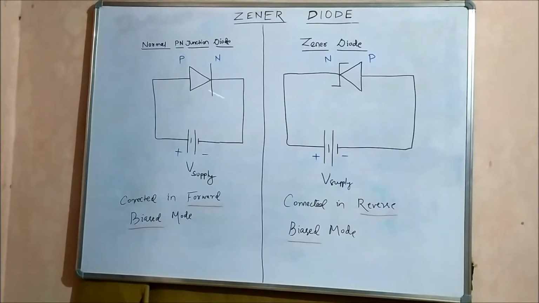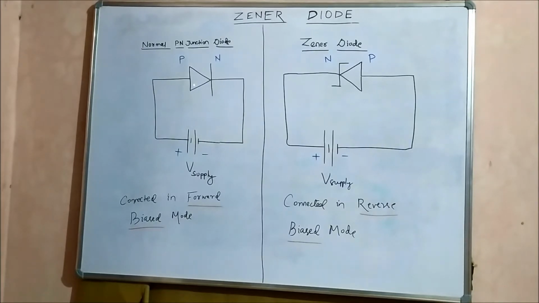You can see it is the symbol of a normal p-n junction diode, which is an arrowhead followed by a straight bar. Now, the critical difference between the p-n junction diode and the Zener diode. Now see the circuit connection. The p-type end is connected to the positive terminal of the supply voltage, and the n-type end is connected to the negative end.